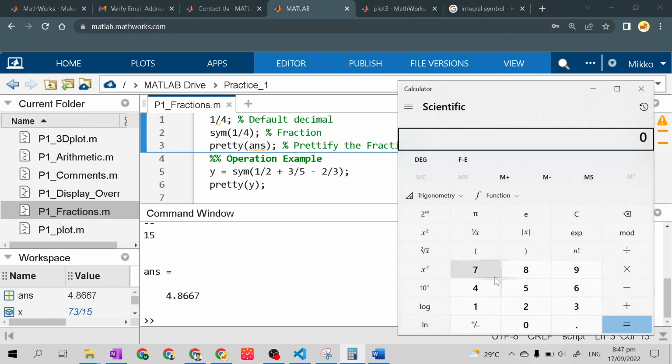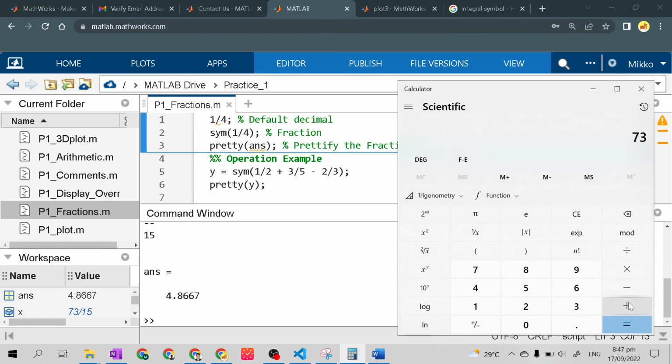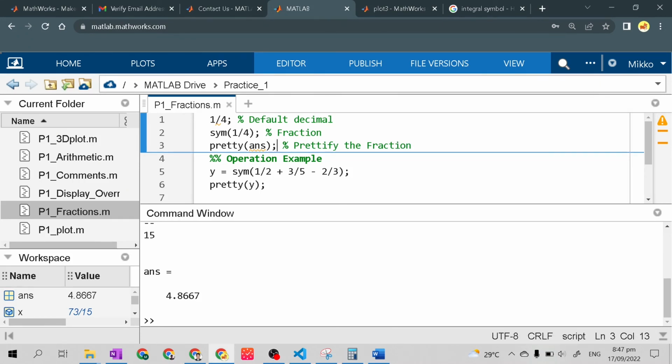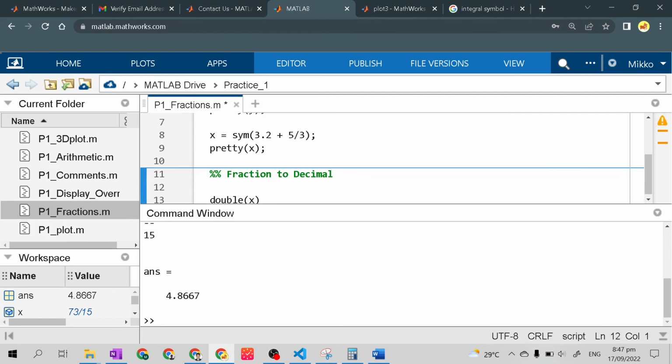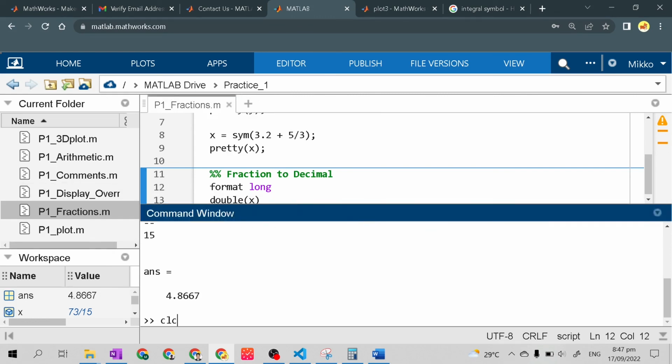So let's see from our calculator if 73 divided by 15 is equal to 4.86667. But in MATLAB, the default number of decimal places is only 4. So here in MATLAB, we can change the format of decimals using format long. CLC.